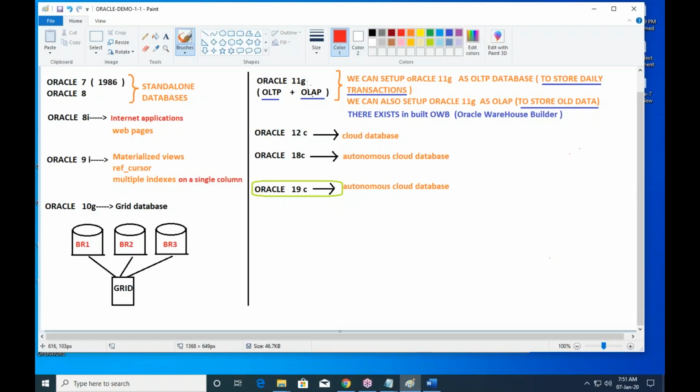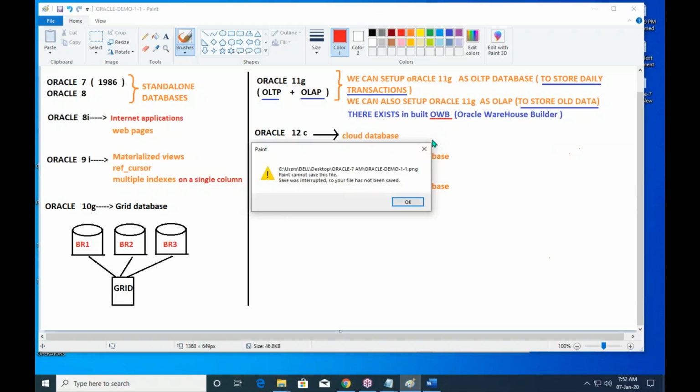Okay. So now 11G is able to store current data as well as old data. So in 11G, the best improvement is this one guys, don't miss. OWB, Oracle Warehouse Builder. Oracle Warehouse Builder.